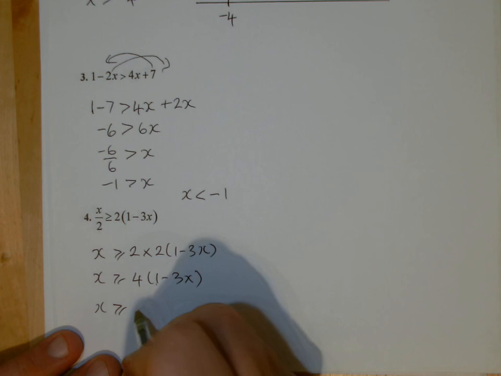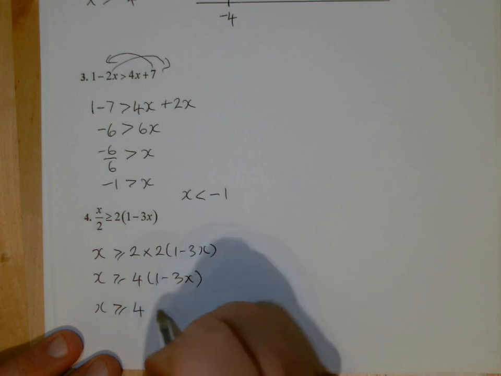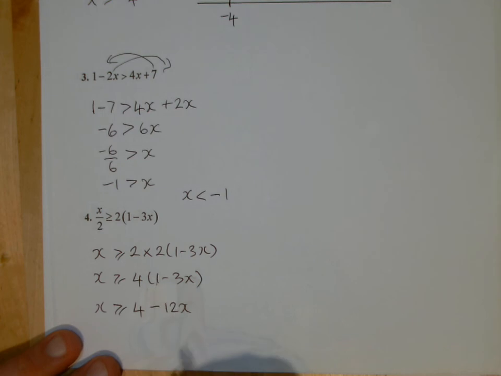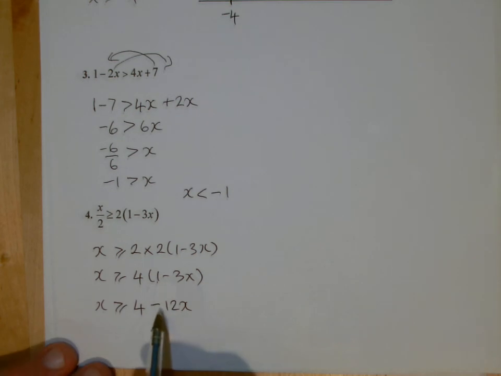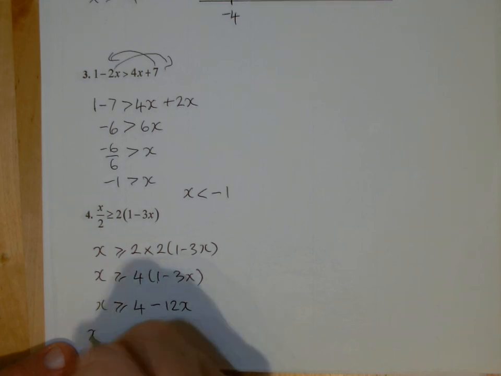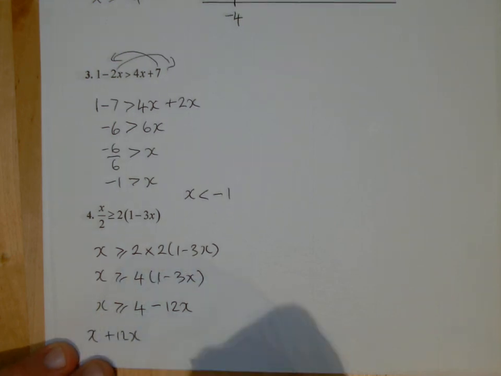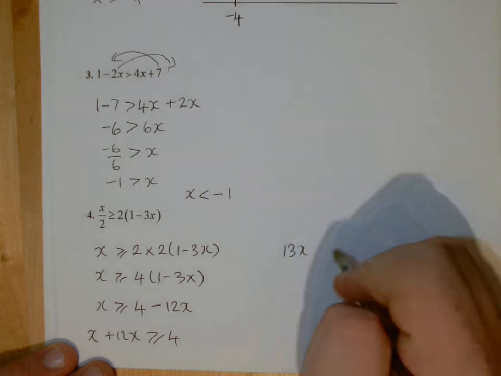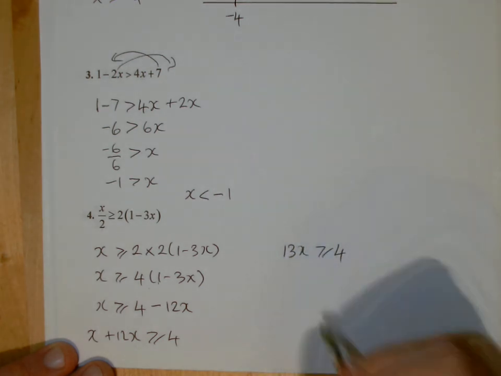So 4 times 1 is 4. 4 times minus 3x is minus 12x. So just times through by 4 there. Now let's take that minus 12x over to the left hand side. So we get plus 12x. So x plus 12x, well, that becomes 13x is greater than or equal to 4.